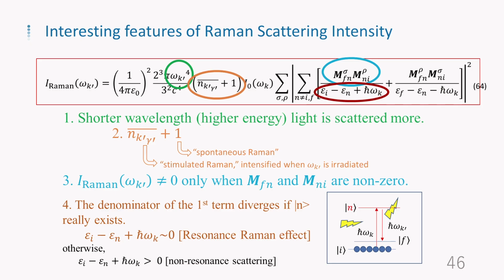Okay? This is spontaneous Raman. On the other hand, here is a sample. Okay, irradiate a light. And Raman scattering occurs.